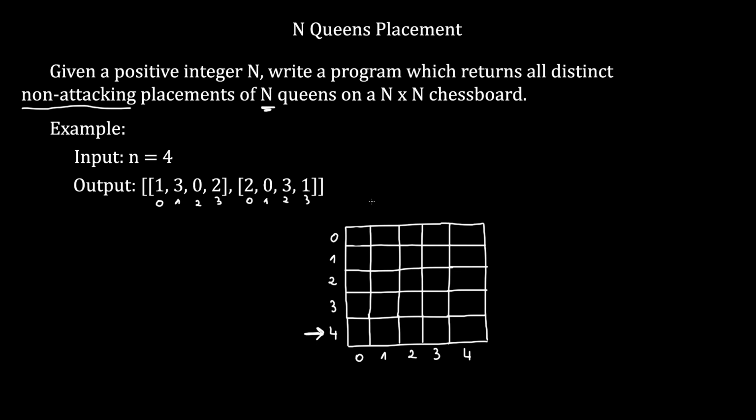So without building this matrix and actually iterating through it to see if we have an element, let's just use the array of columns that we will always have in order to store the columns that we have just chosen, right? How we can use that to check if one queen that I want to place on our current row will be attacking any other queen that I've placed before or not.